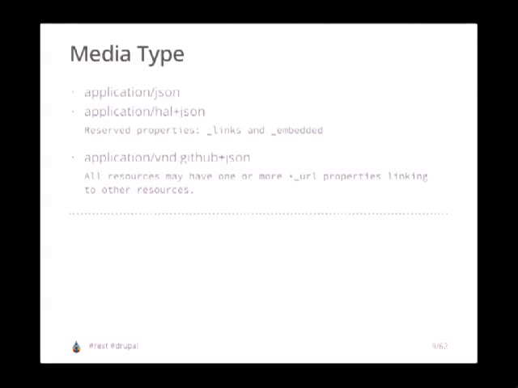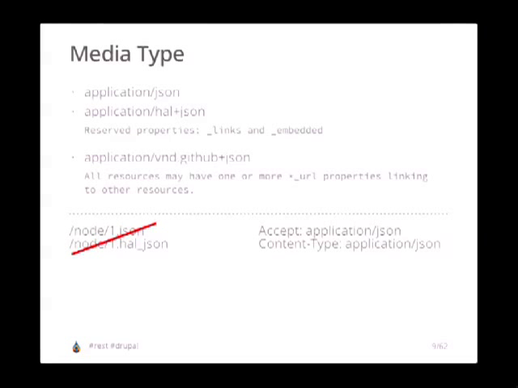And so some of the people who are into pragmatic REST will say that to indicate your media type, you should just append the file extension to the end. But that gets a little bit messy when you start using these more specific media types, when you're not just using base formats. And so instead, a RESTful way to do it is to use the HTTP headers that are actually meant to communicate this information.